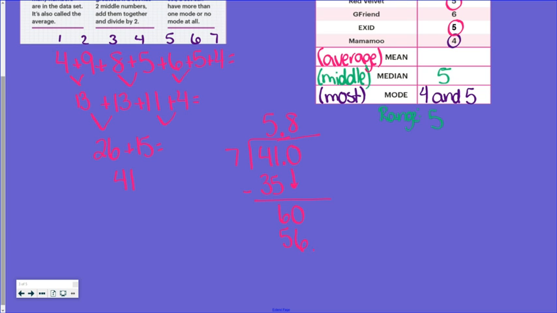Gives us 56. Subtract. Add another 0, bring it down. And we can keep going. 7 into 40, also 5, 35, and so on and so on. For now, we're going to stop here, and we will round. So our mean is going to be, we'll just cut it off at 5.85.